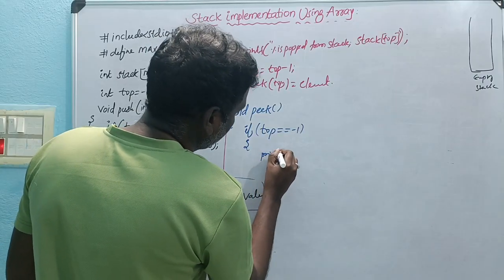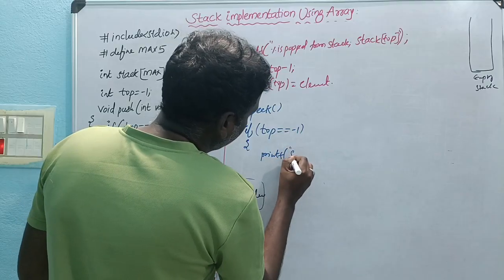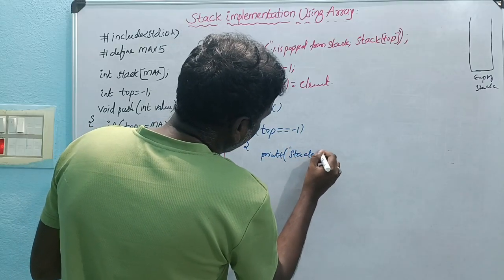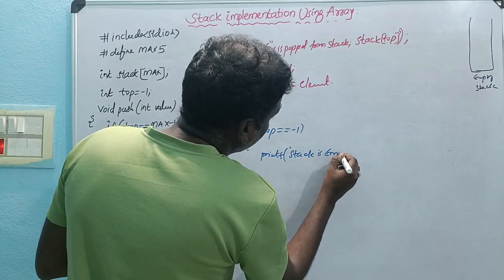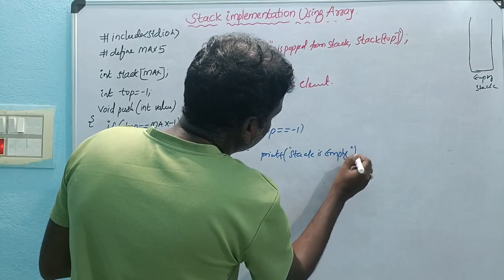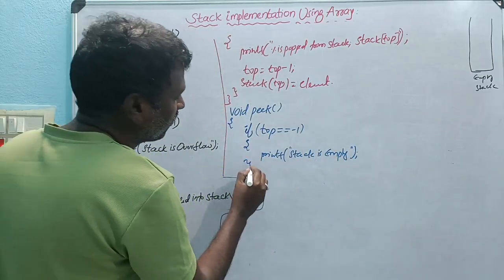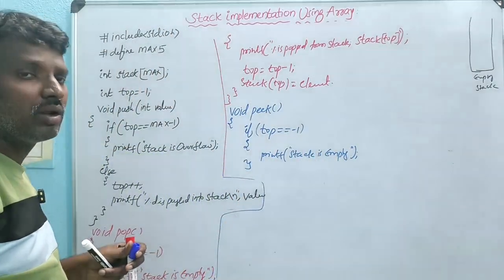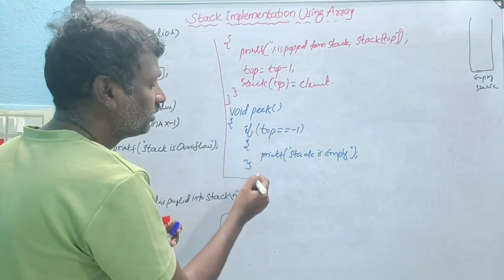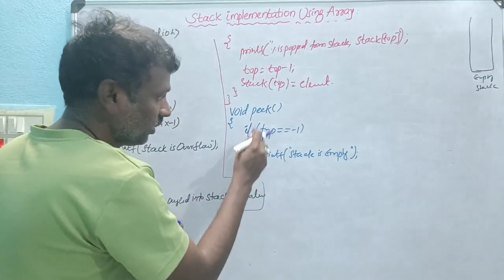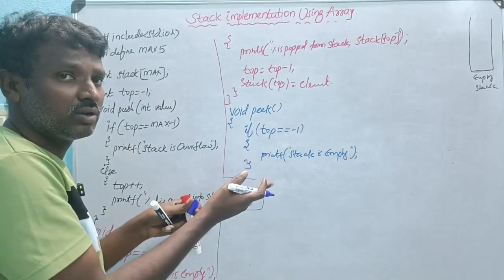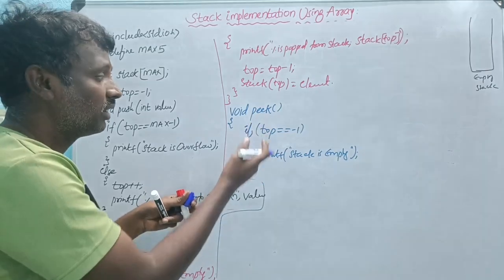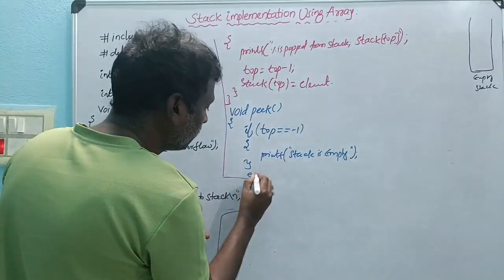Printf "stack is empty". So at that time it is not possible to find the top or peek element. If top equal to -1 it is not possible, otherwise it is possible.